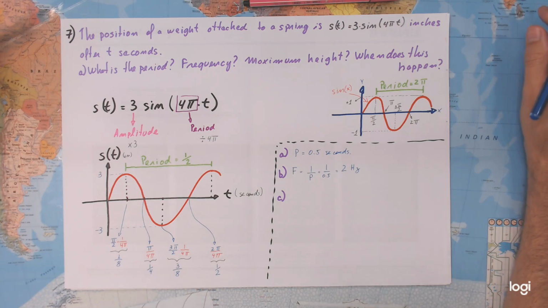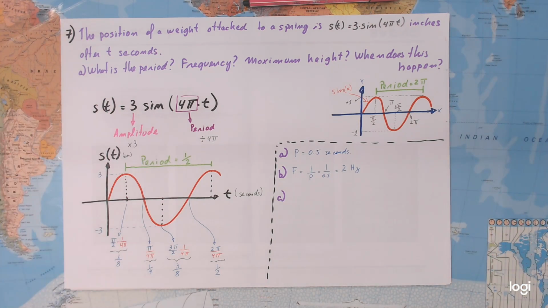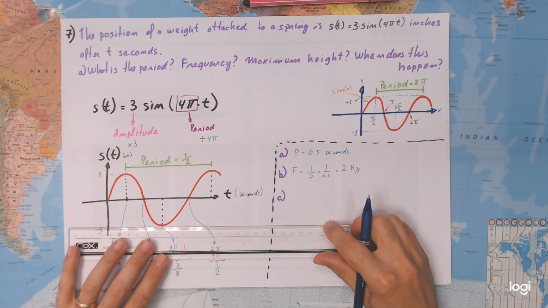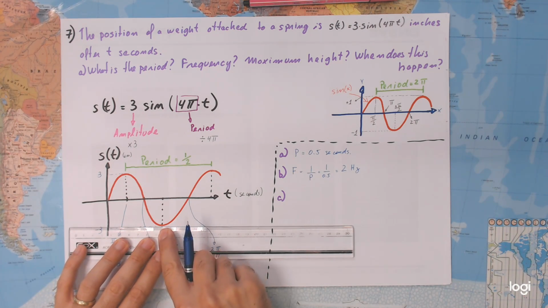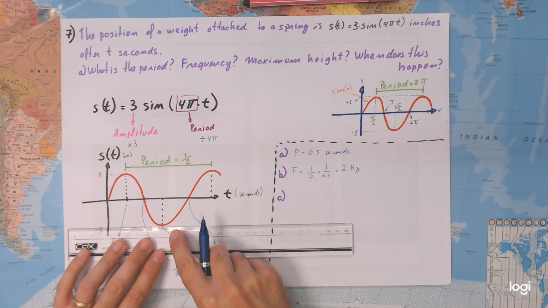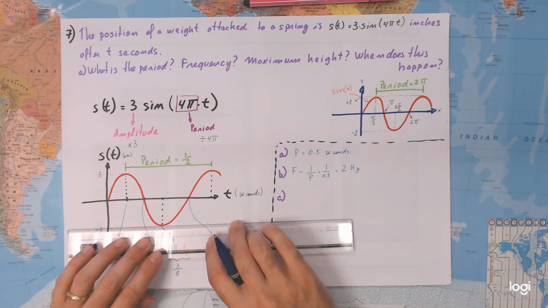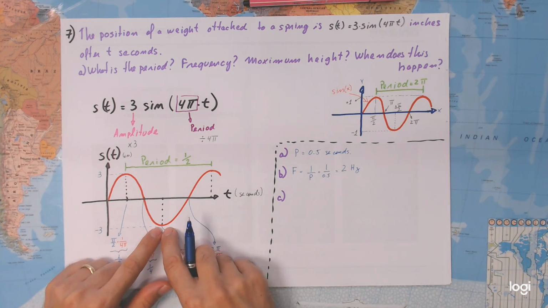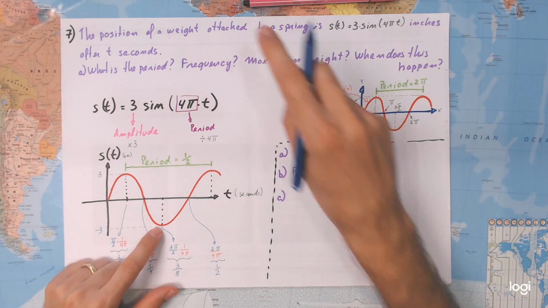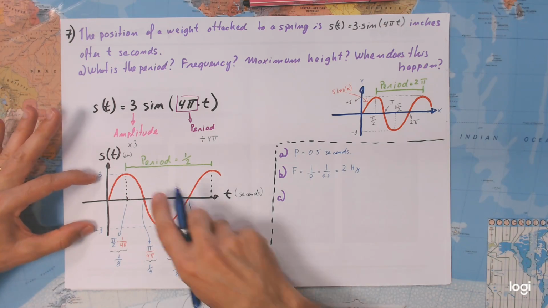If it did not state where 0 is, I'm going to assume that 0 is the lowest part. Then it goes from minus 3 up to plus 3. Therefore, I'm going to assume that this is our 0 for our weight, and our weight can go up to 6 inches.